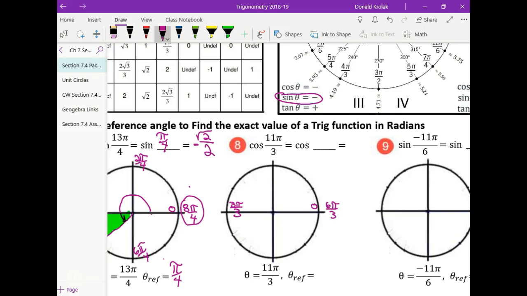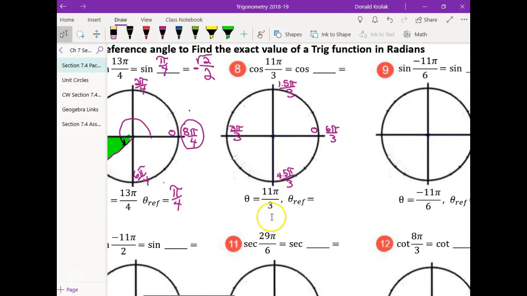Mm-hmm. Okay, and then our halfways between 0 and 3 pi over 3? Yep, 5 pi over 3. Okay. And down here now, 4 pi over 3. Yep.